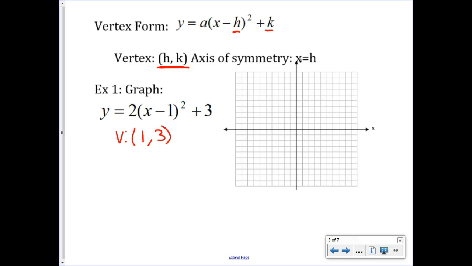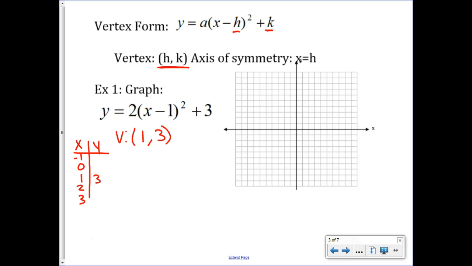We're going to do the same thing we did before, and we'll be able to graph. I'm going to put 1 right in the middle, so 1, 3. I'm going to go to 0 and plug in 0. 0 is not necessarily as easy to find in this form, but you can still find it. And then I'm going to plug a negative 1 in, and then 2 and 3.